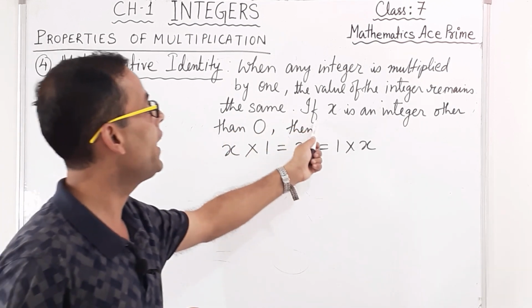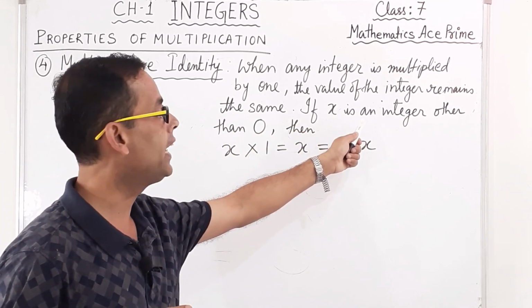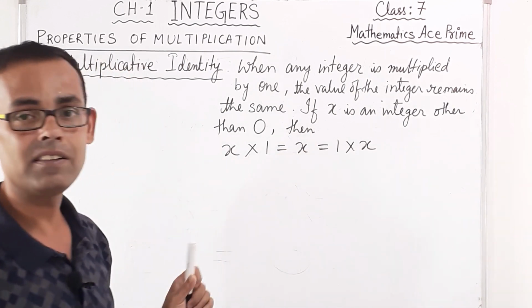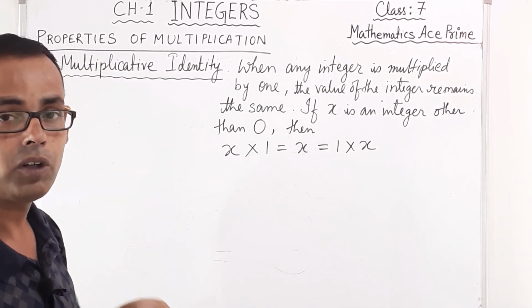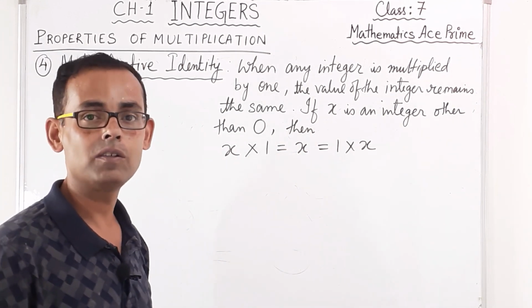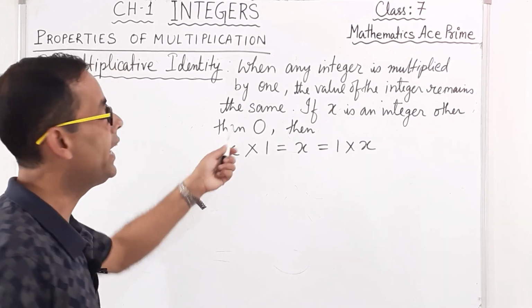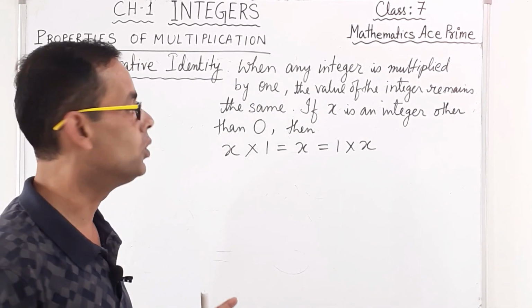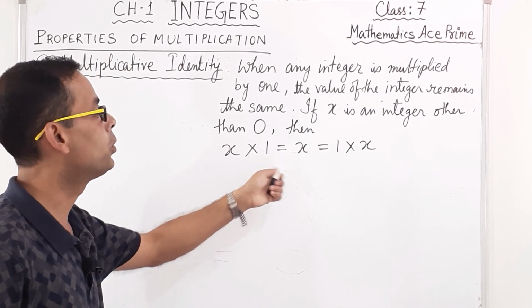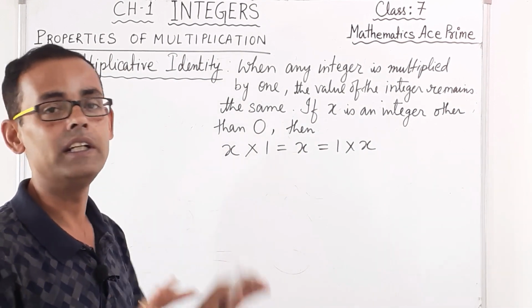So if x is an integer other than 0, don't take 0, because if you take 0, ultimately the result will be 0 only. So for any integer other than 0, the result will be that same integer only.